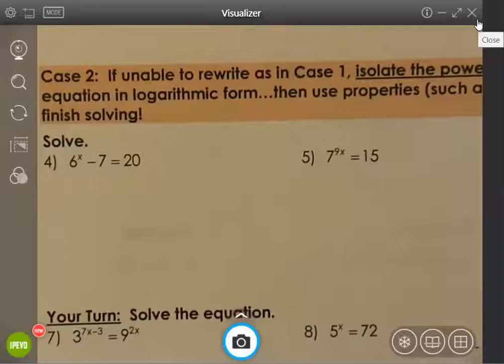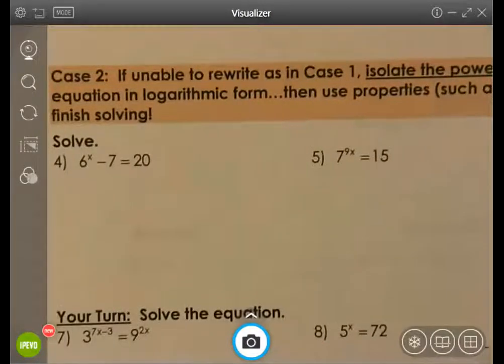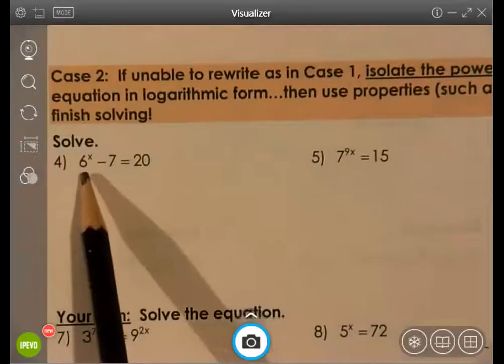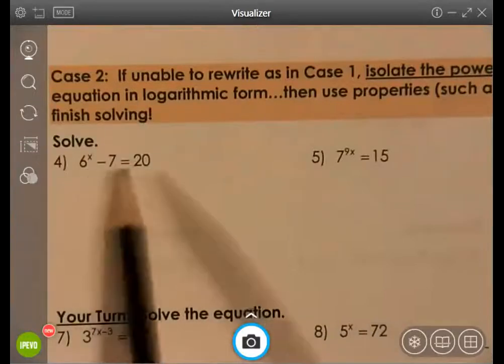All right, this is case number 2. If you're in a situation that you can't do case number 1, if that's unavailable, you can't get the bases the same.